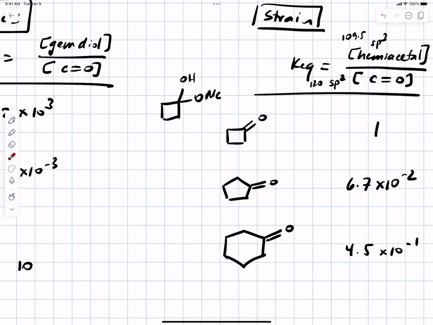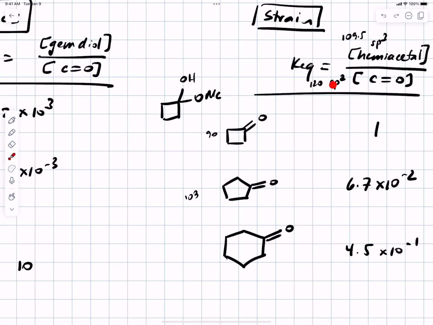For a regular pentagon, 108. Yeah, you're right. So there's less. If the ideal angle here is 108 versus 90 here, you're not quite so bad when you're constrained at 120.